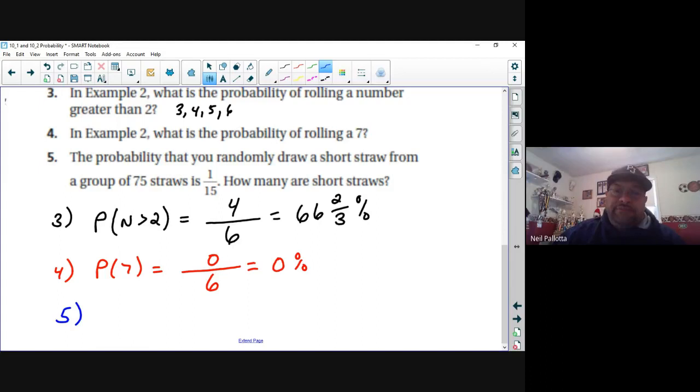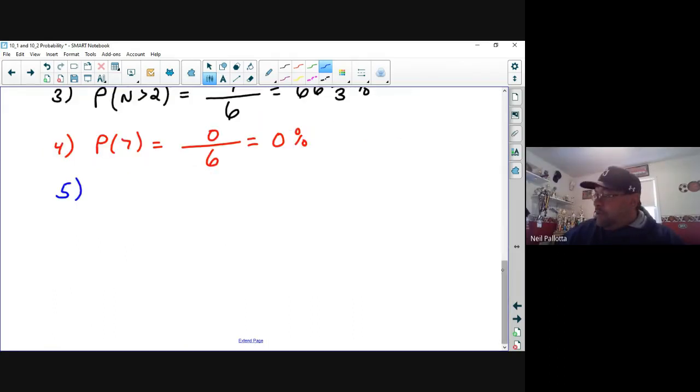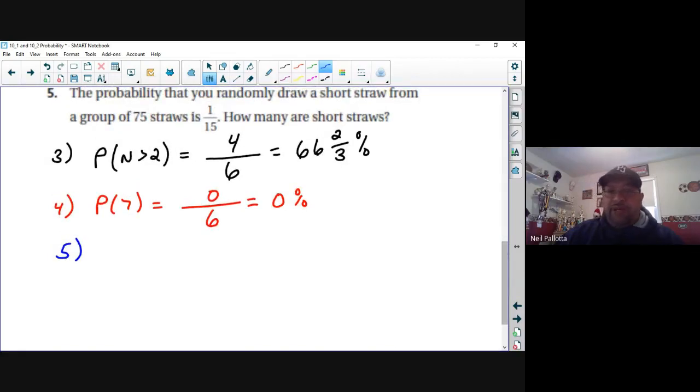Let's try question 5. Question 5 says the probability that you randomly draw a short straw from a group of 75 straws is 1 out of 15. How many straws are short? Well, let's think about that for a second. If the probability is 1 out of 15, and we know that there are a group of 75 straws, we want to know how many of them are short.